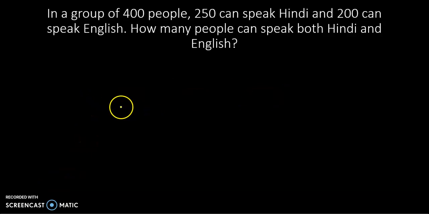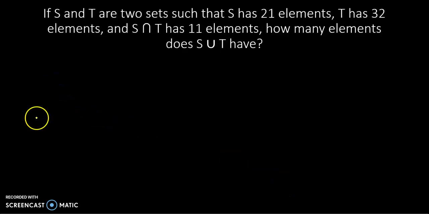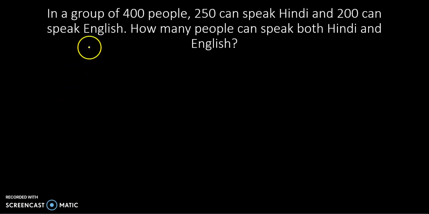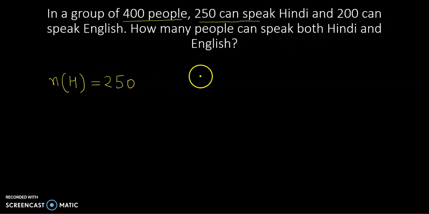Let's see another problem. There's a group of 400 people, and 250 can speak Hindi. Let me represent the number of people speaking Hindi by NH. They are given by 250, and 200 can speak English.